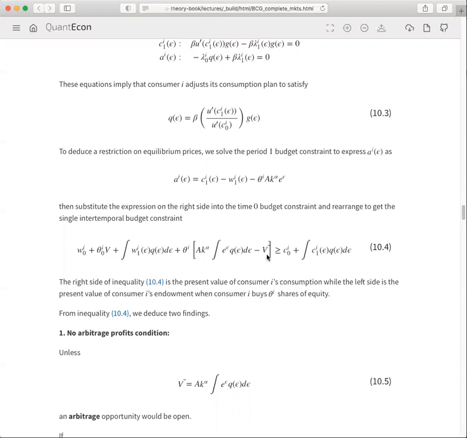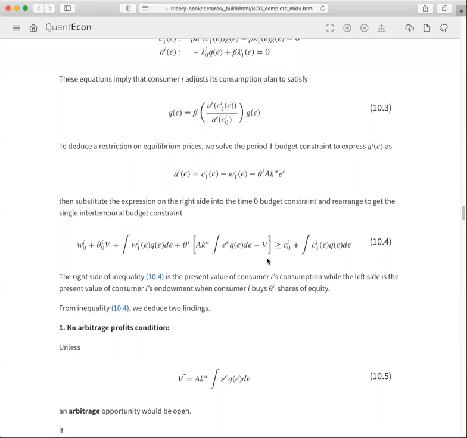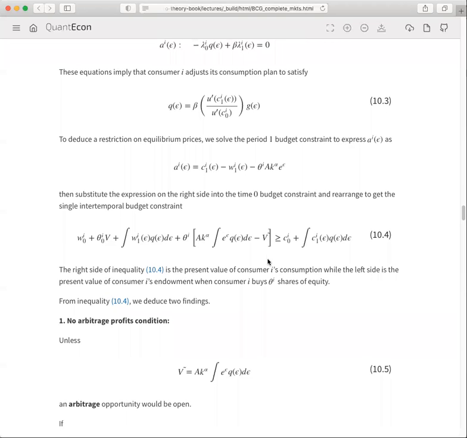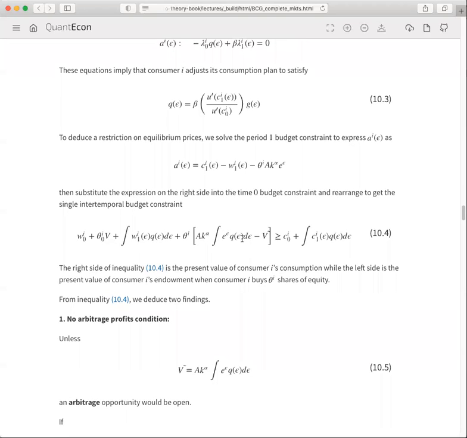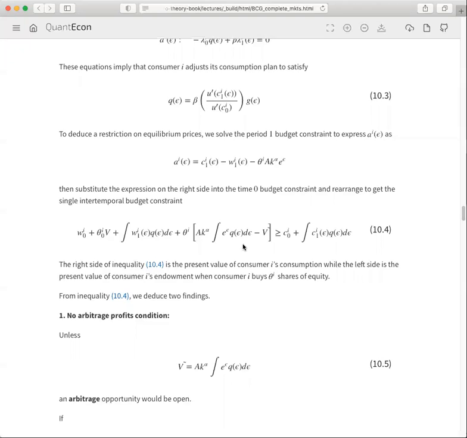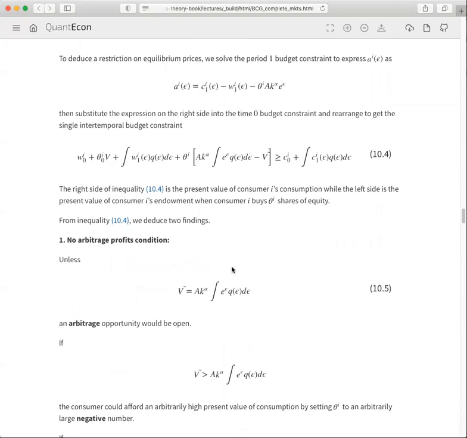And this is the value of the firm, V twiddle. And now we notice that we have a no arbitrage profits argument. Unless the value of the firm is exactly equal to this, there's an arbitrage profit.